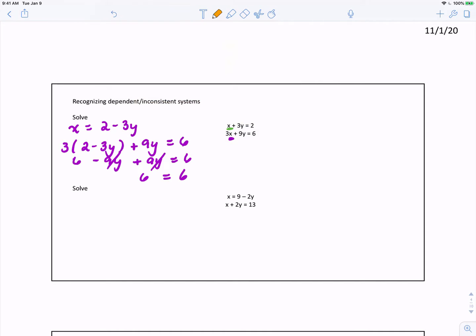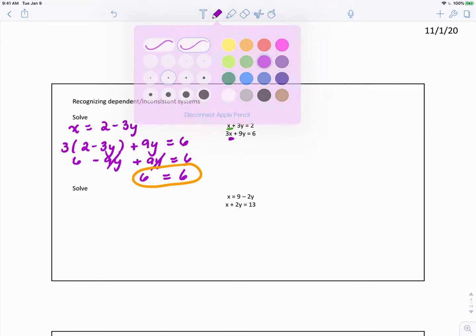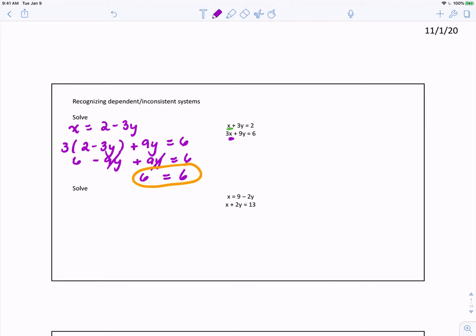So that's very unusual. We have no more variables left, and we have a true statement that 6 is equal to 6. So what does this mean? We have no variables, but we have a true equation. This is a sign that we're looking at a dependent system.